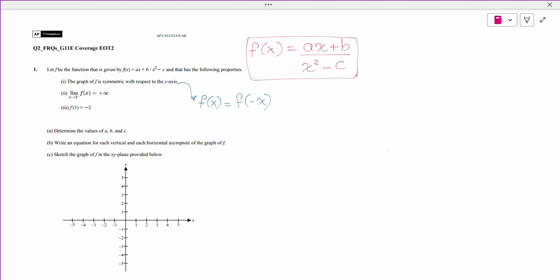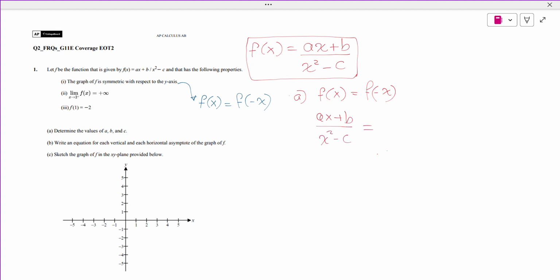We are looking for a, b and c. So what do we do in this case? Okay, this is part A. We will say that f of x has to be the same as f of minus x. And we are given f of x. Let's write it here, which is ax plus b over x squared minus c.